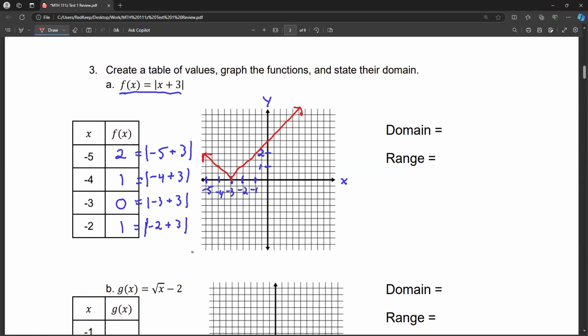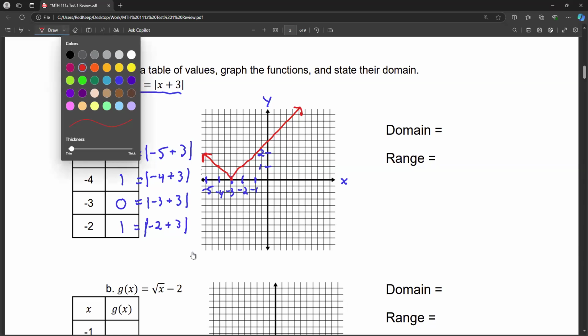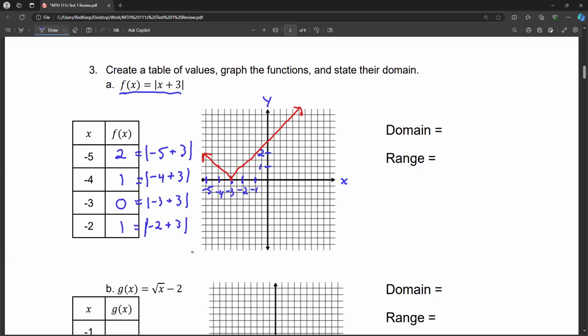Next, we're going to move on to stating the domain of this function and the range. For the domain, we're considering all of the potential x values. As we just stated, the arrows can be added to the ends of our absolute value function.